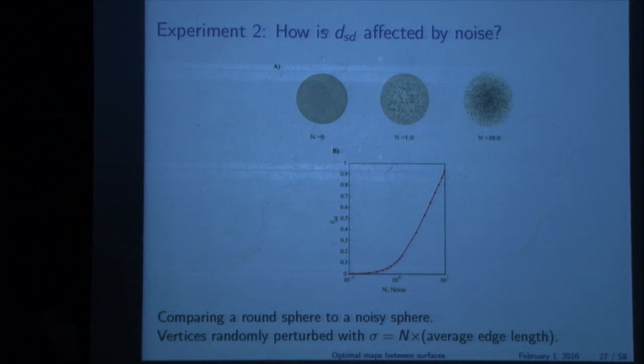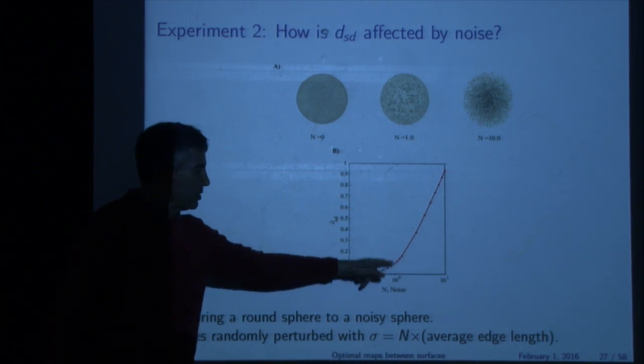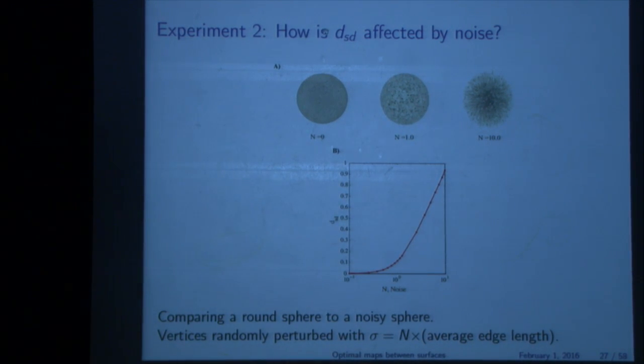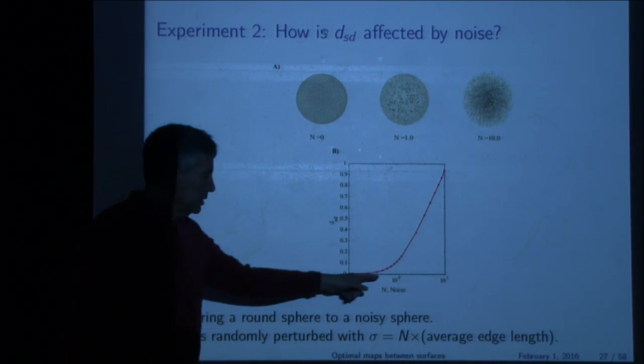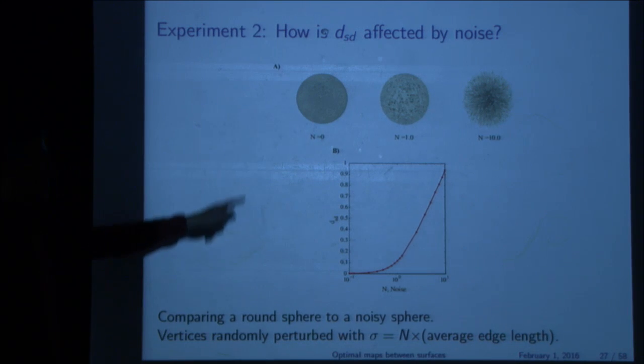And on the vertical axis, you see the distance. So, for example, in the middle here, 10 to the 0, the radial direction of the vertices has been perturbed, it's a Gaussian perturbation which has standard deviation equal to the edge length. And you can see that's a fairly sizable perturbation.